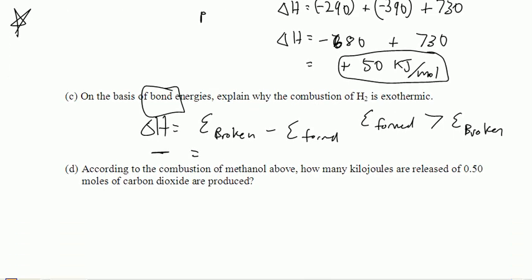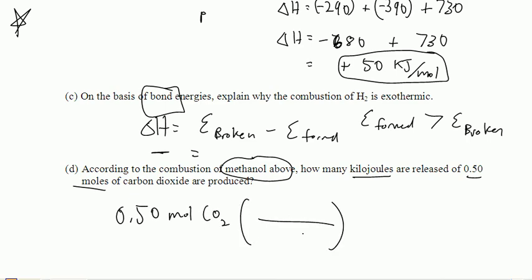Again, according to the combustion of methanol above, how many kilojoules are released if 0.5 moles of carbon dioxide are produced? So we're just going to do a mole ratio here. 0.5 moles of CO2. Moles of CO2 on the bottom, because what you got on the bottom, kilojoules on the top.